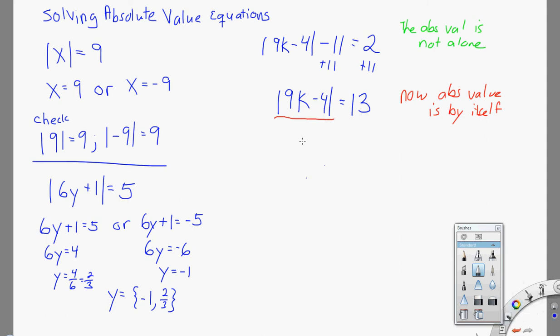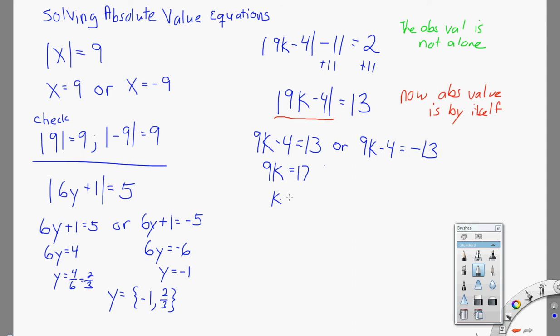So at this point, I can apply the rule where I rewrite it without the absolute values. Again, everybody tends to get that one right. This is the trickier one. Rewrite it, 9k minus 4 equals negative 13.